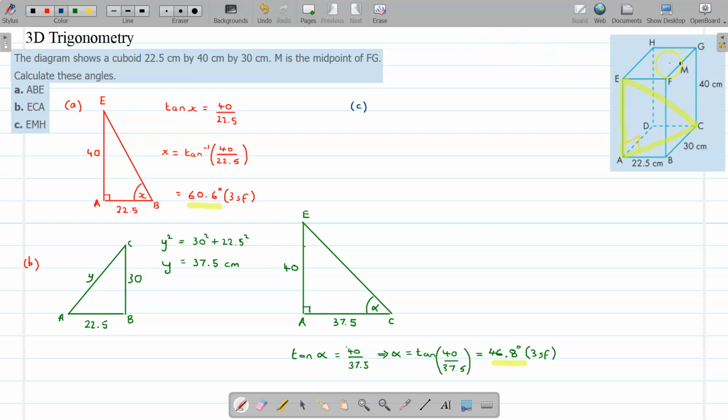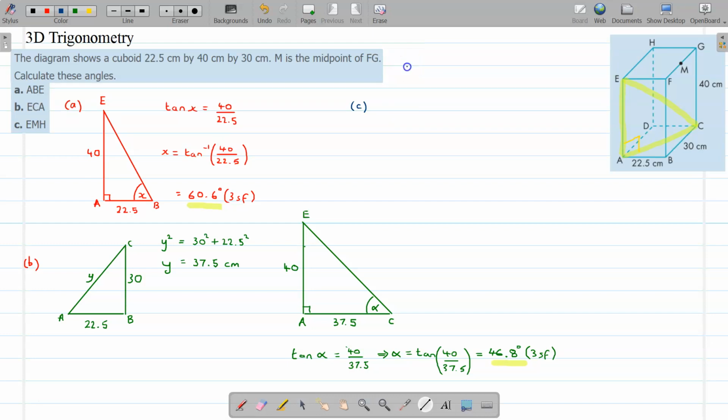So what I'm going to do is extract that surface on the top and recreate it looking as if I was looking straight down on it from above. Let me just sketch this here.